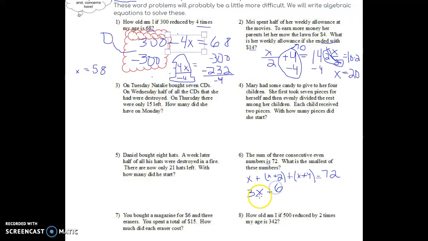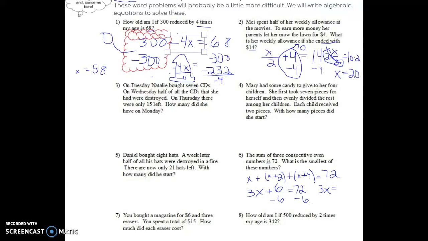Remember, like terms have to have the same variable raised to the same power, same exponent, before we combine them using adding and subtracting. All right, so plus 6, we're going to subtract 6 from both sides. So then I have 3x is equal to 72 minus 6.